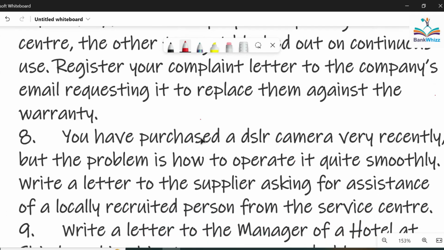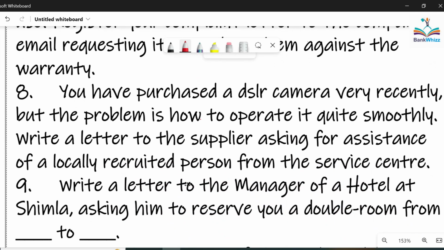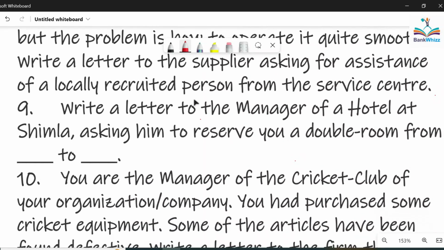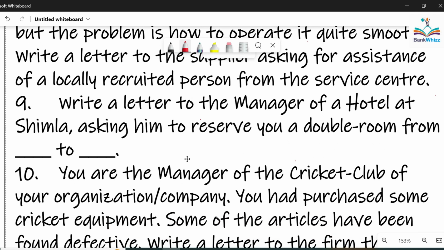Okay? Friend, the eighth one is that you have purchased a DSLR camera very recently, but the problem is how to operate it quite smoothly. Write a letter to the supplier asking for assistance of a locally recruited person from the service center. Friend, the ninth important business letter topic is: write a letter to the manager of a hotel at Shimla asking him to reserve you a double room, with the dates to be mentioned.